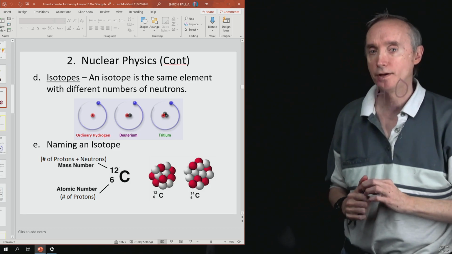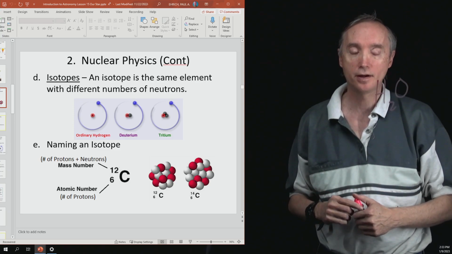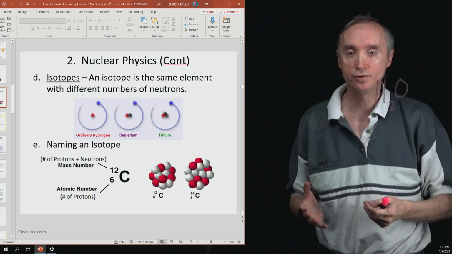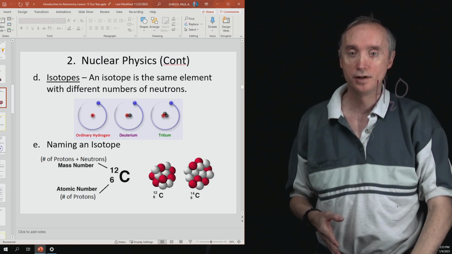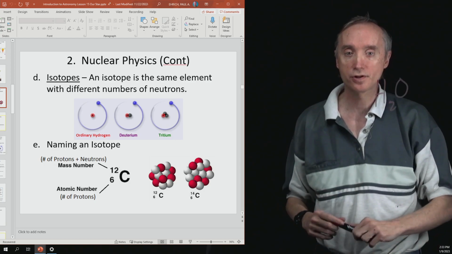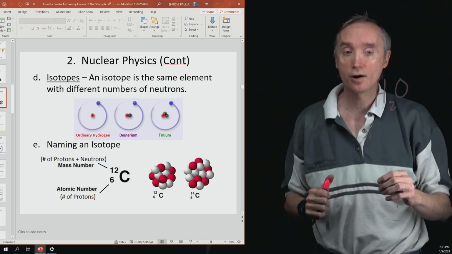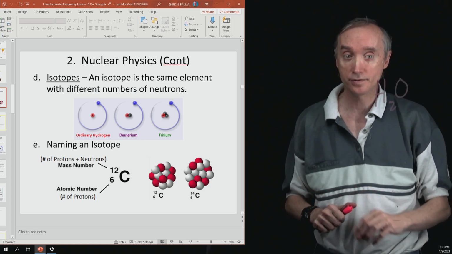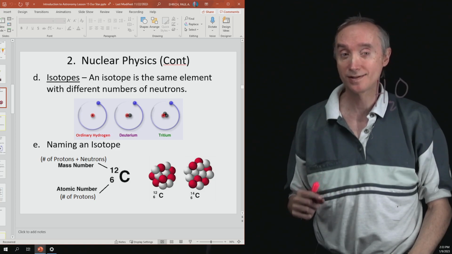Now, how are we going to name an isotope? Okay, nuclear physics people have a way of doing this. So they write down the symbol for the element. In this case, the element that we're talking about is carbon. Then we look at our periodic table of elements, and carbon has an atomic number of 6.